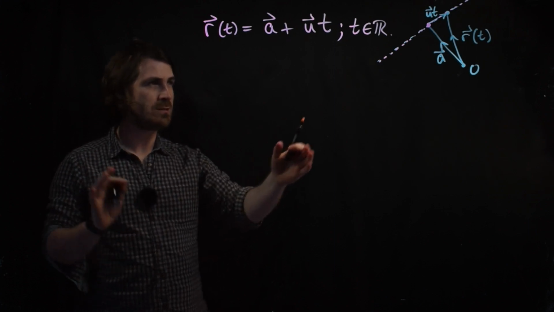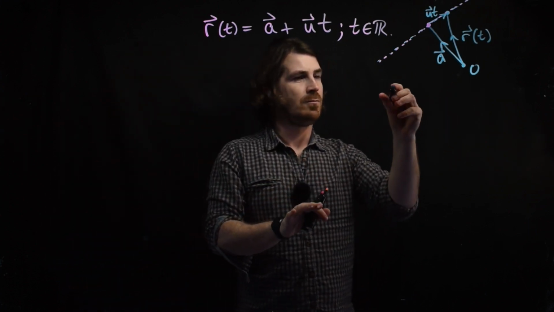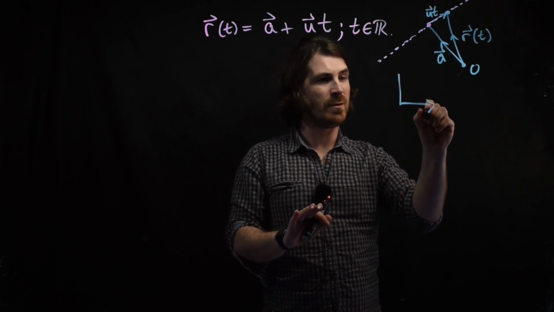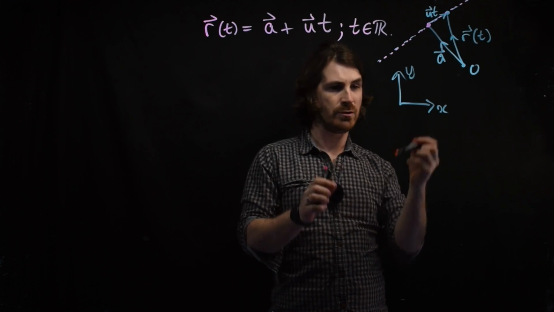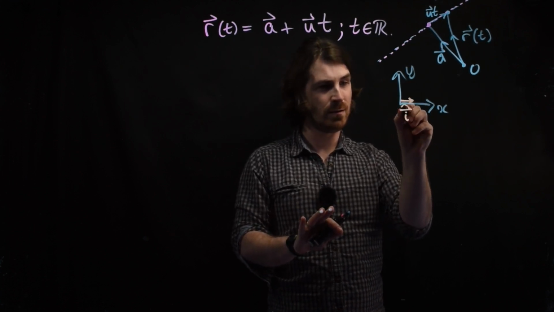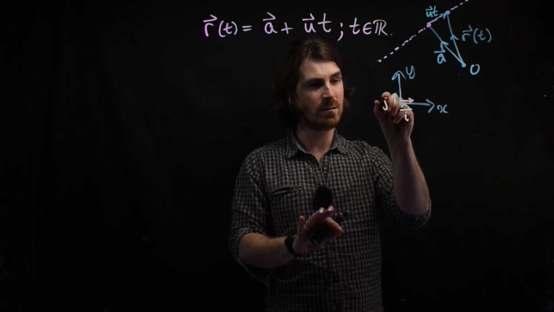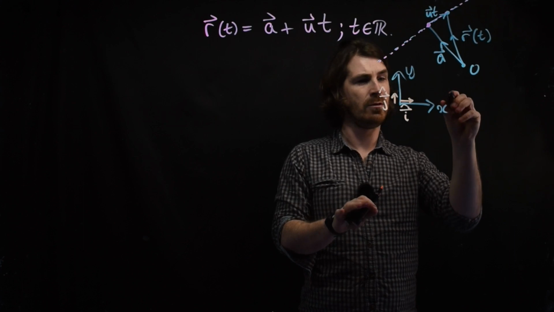Okay, so we drew this in 2 dimensions, where we're thinking about a 2-dimensional coordinate system, x and y. And of course you know that this has unit vectors i hat and j hat.